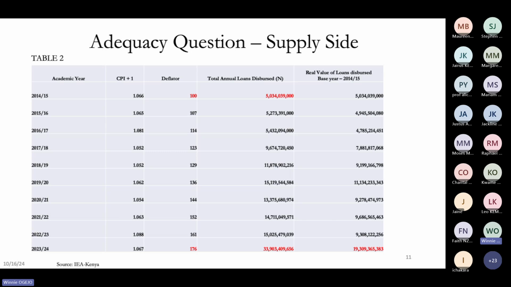And in constructing the deflator, we are using 100 shillings in 2014-15. And we are asking ourselves, what is the buying power? Or for you to be able to maintain that buying power of 100 shillings that was in 2014-15, how much do you need to be spending in 2023-2024?